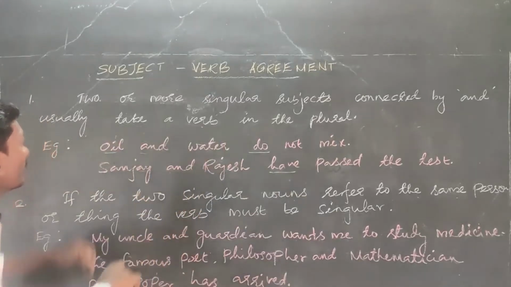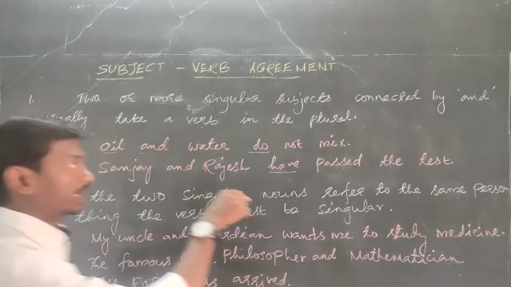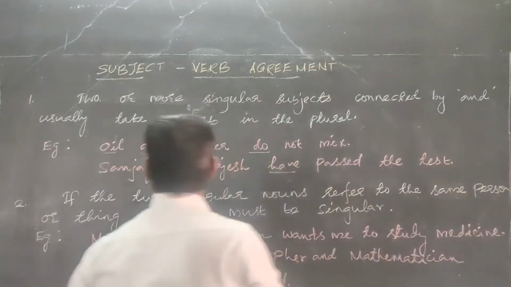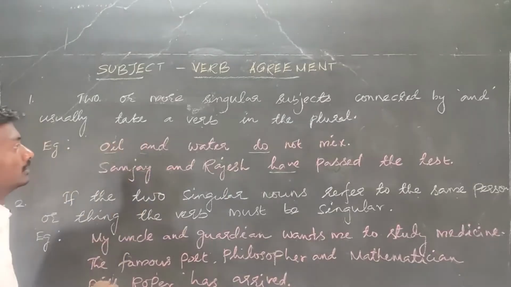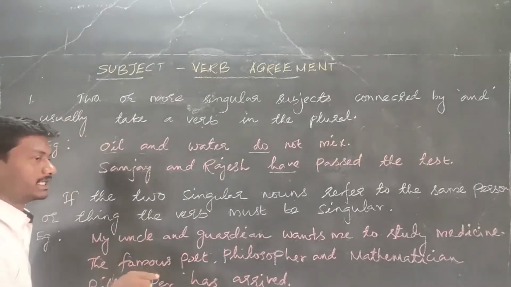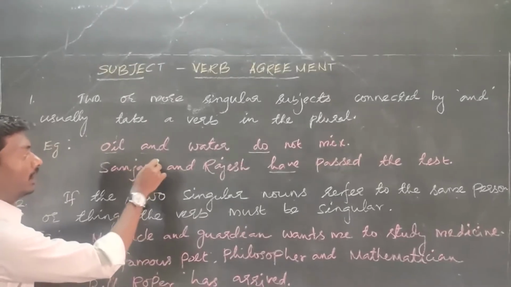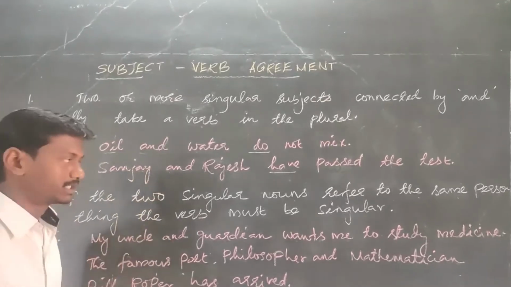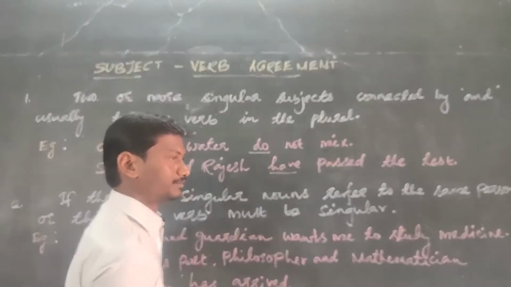That's why two or more singular subjects connected by and usually take the verb in the plural. When a sentence is connected by the coordinating conjunction and, it will take the plural verb.